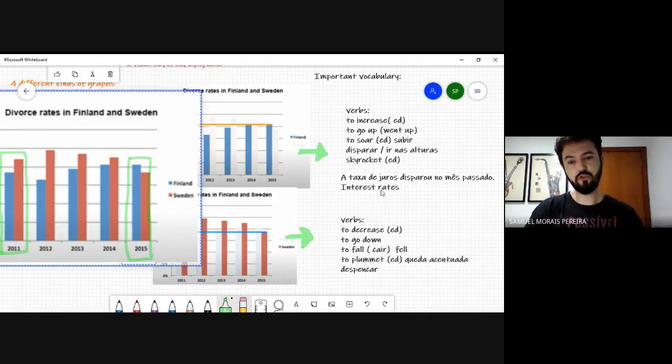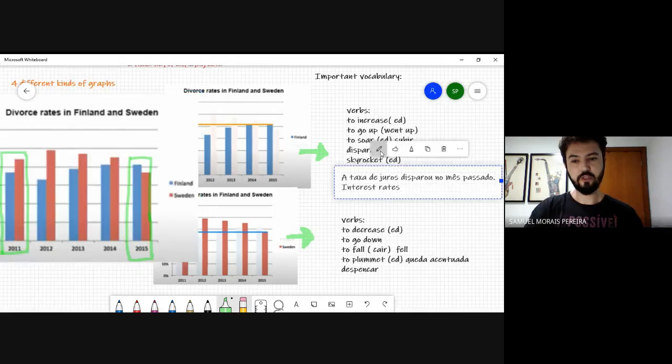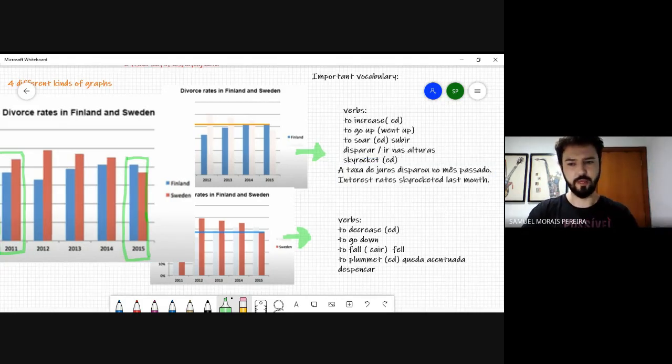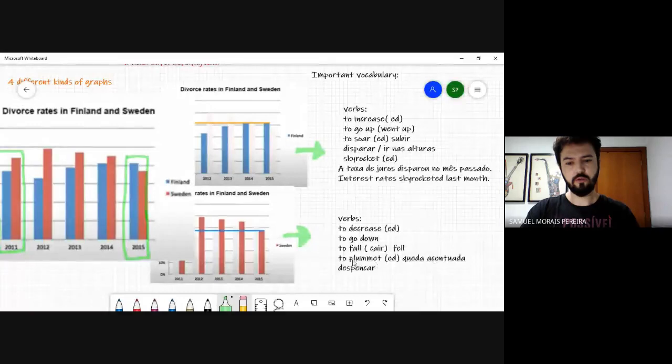So, ó, taxa de juros é interest rates, disparou no mês passado. I say skyrocketed last month. Skyrocketed last month. O preço dos aluguéis, ó, rent prices have skyrocketed. E assim você vai construindo frases, tudo bem? Então, you can use plummet and skyrocket in these contexts here too, okay?